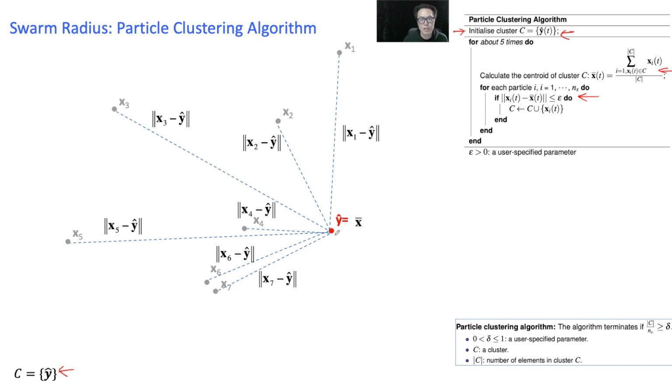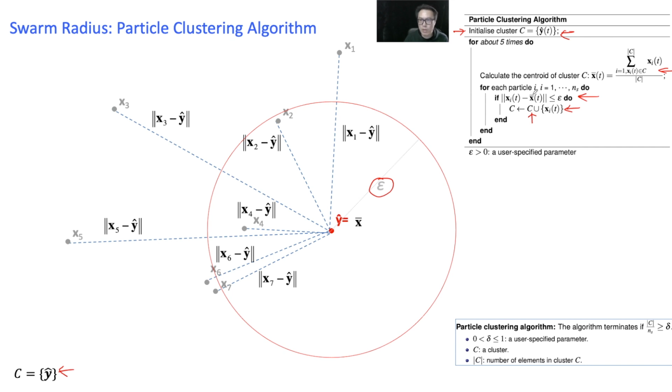After that we are going to determine which particles should go to the cluster C. According to the chosen value of epsilon, we draw a circle with the center x bar.